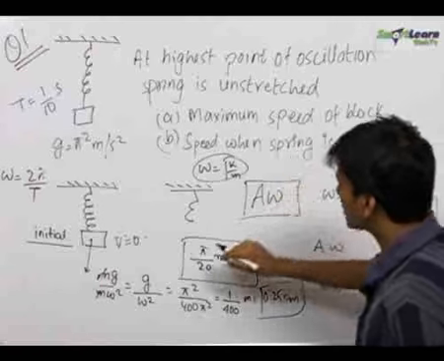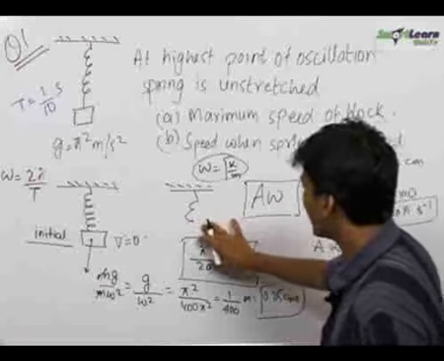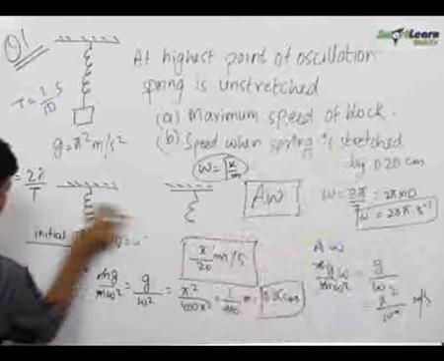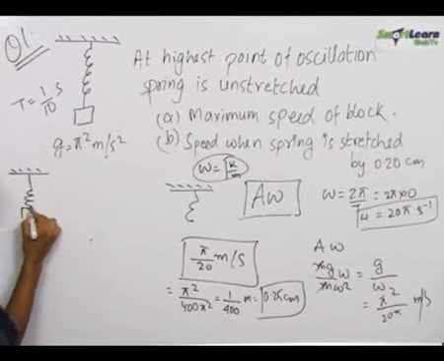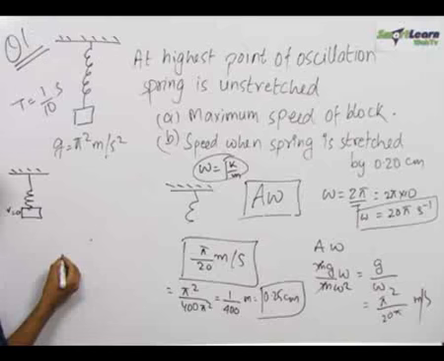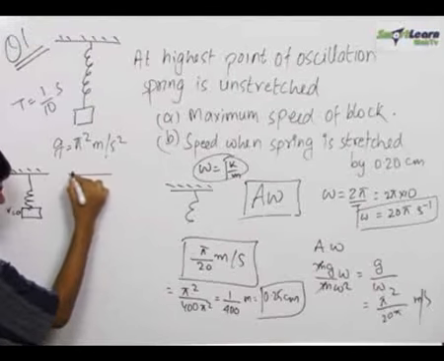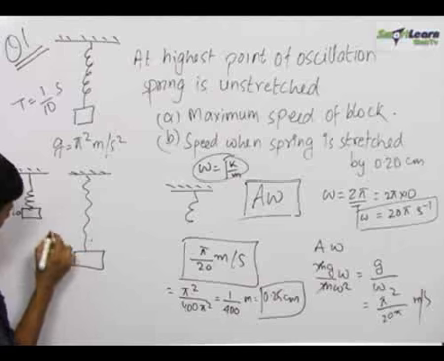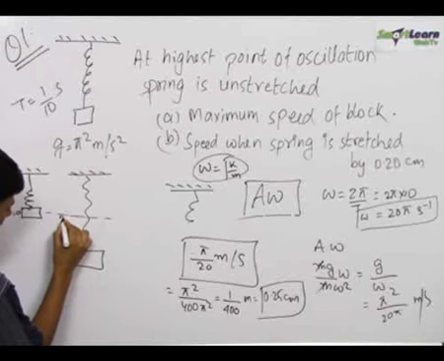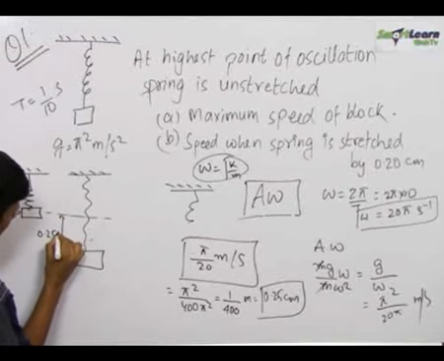Now we need to find out the speed of the block when it is stretched by 0.20 centimeters. Initially the block's velocity was 0. This was the extreme position. We have already found out that at the equilibrium position, the displacement of the block is 0.25 centimeters.